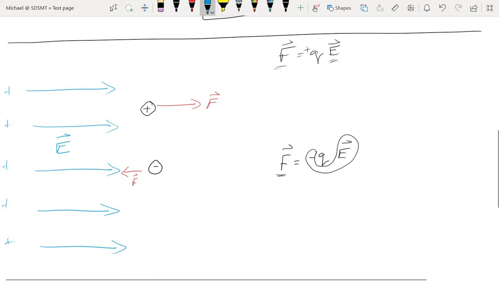We know that positive charges repel, and so that's why we have our force pointing to the right. We also know that opposite charges attract, and that's why we have that force pointing to the left.